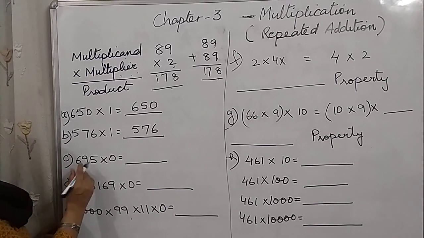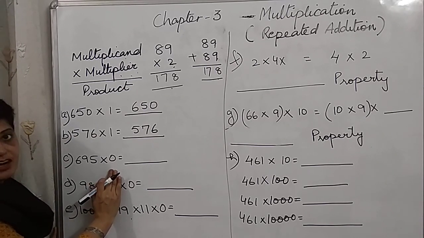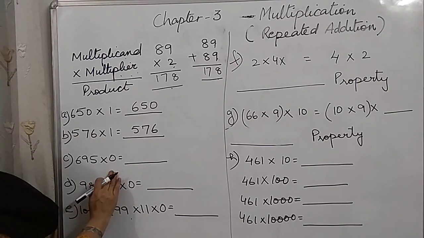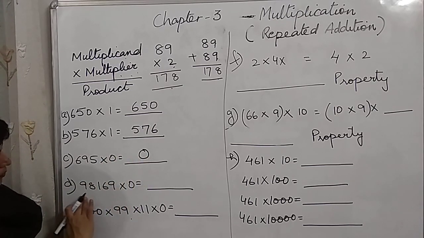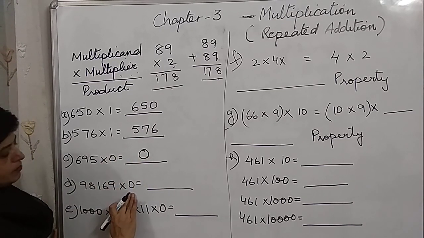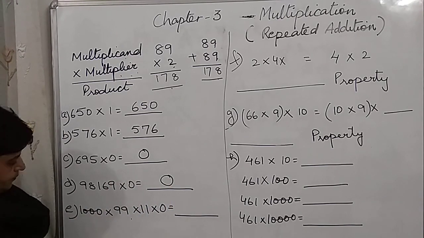Now, here we are multiplying 695 with 0. And whenever a number is multiplied with 0, the answer will be 0. However big the number is, if it is being multiplied with 0, the answer will always be 0.